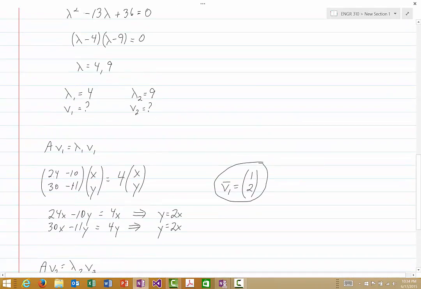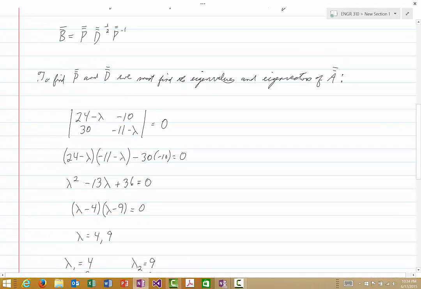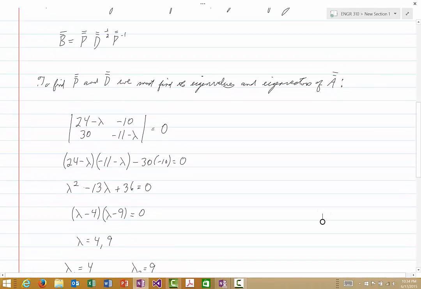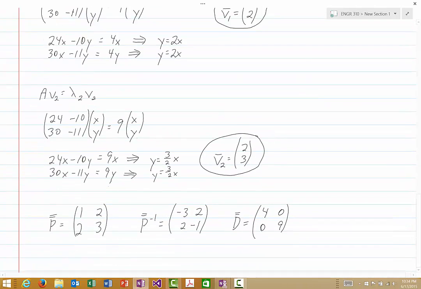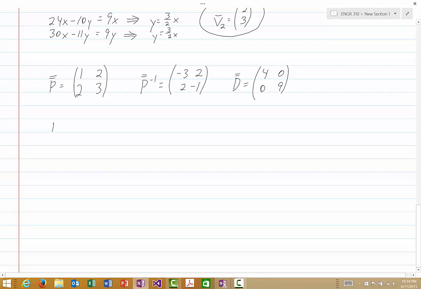Now, recall that our claim above is that B is equal to P times D to the 1/2 power times P inverse. So let's copy that down here. B is equal to P D to the 1/2 power P inverse.